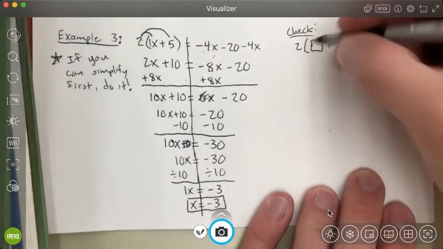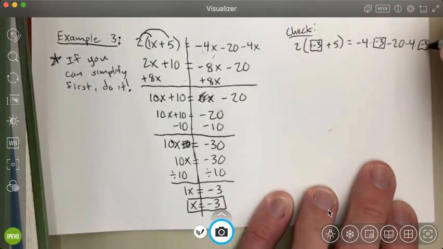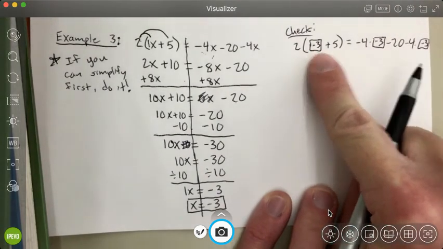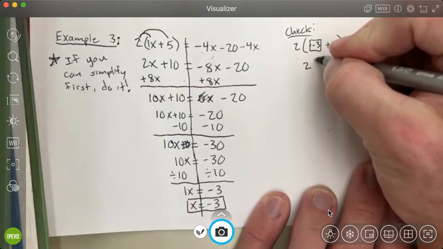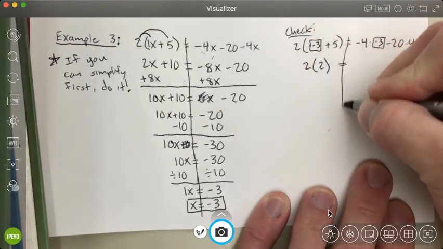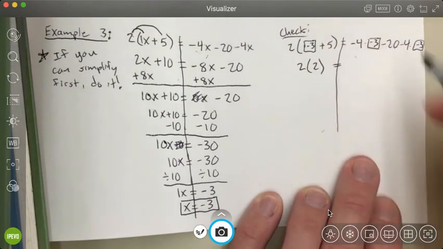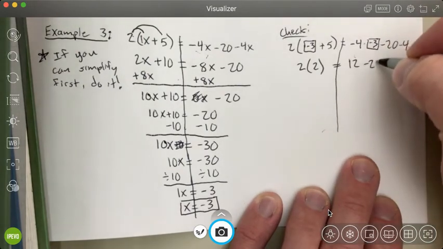So let's check it. Let's throw negative 3 into our boxes here. Parentheses first, so negative 3 plus 5 will be positive 2. So I'm going to have 2 times 2. If it helps, draw on your barrier. I have negative 4 times negative 3. That'll be 12. Minus 20.